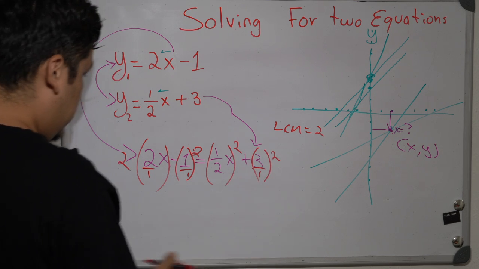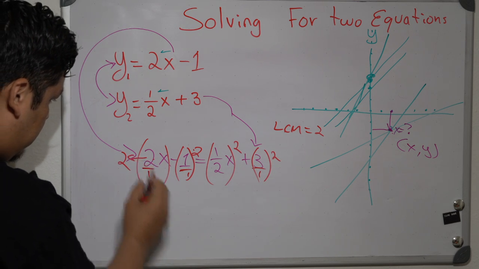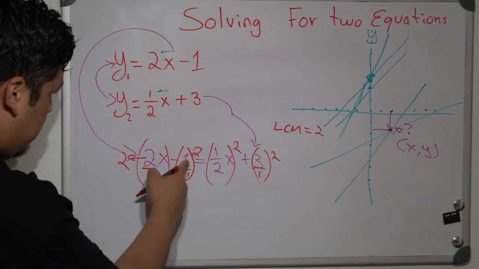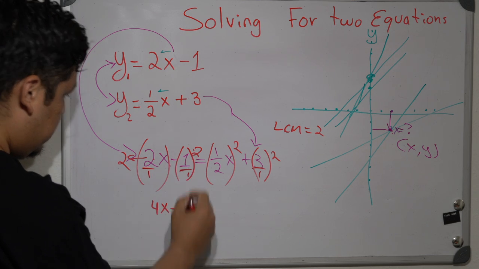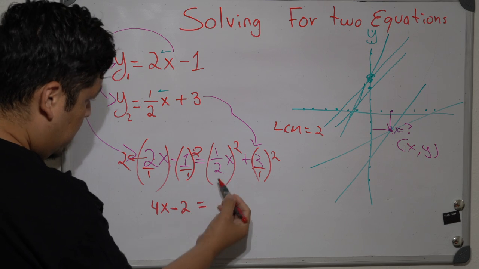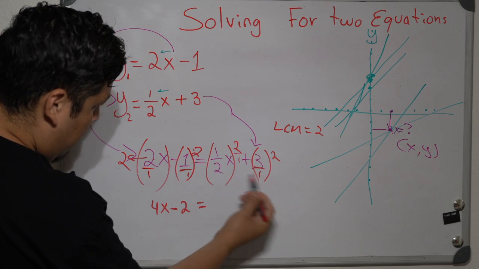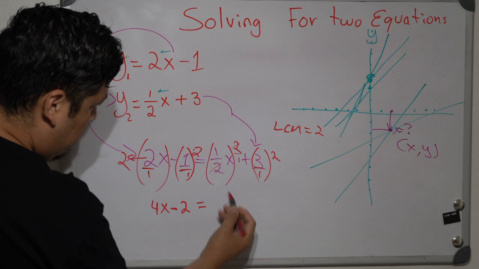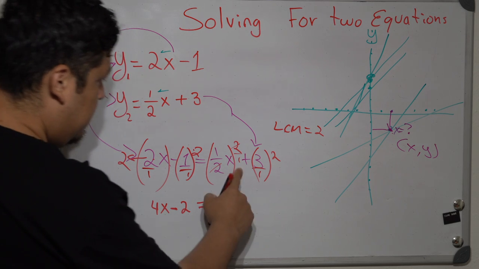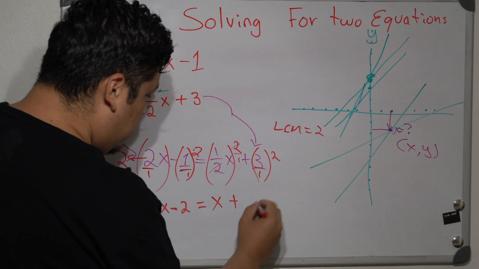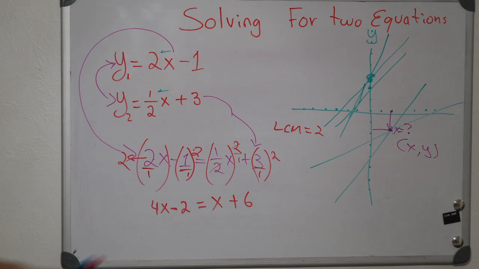When I do that, this is simply 4x. This is a minus here. 1 times 2 is minus 2, equal to, and this is a 2 over 1, remember that, so these two cancel out. I'm left with x plus 3 times 2, which is 6.